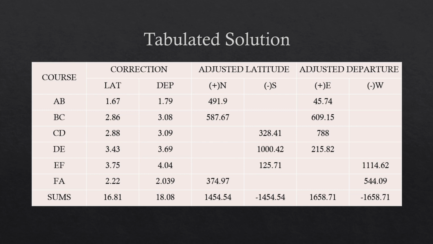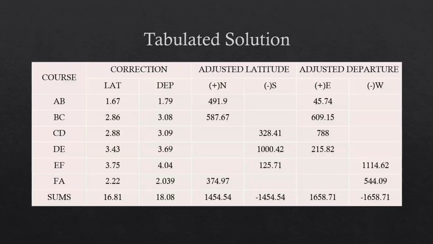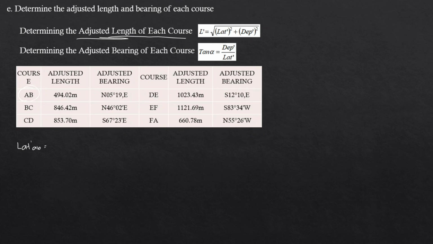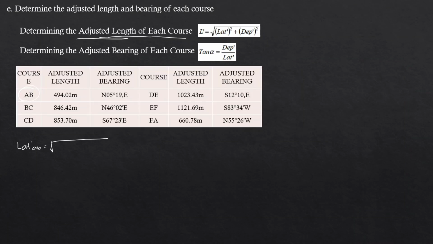So, meron tayong positive 191.90, then departure natin is positive 45.74. Okay, so para makuha yan, square root ng latitude natin is, ilan yun? 191.90. Okay?